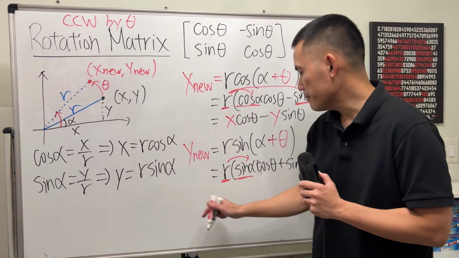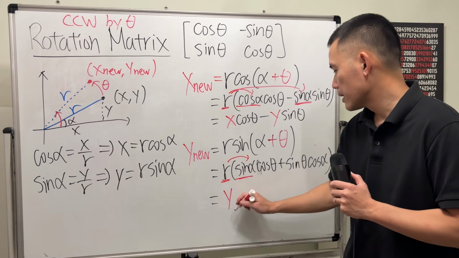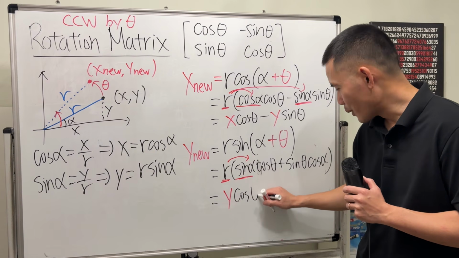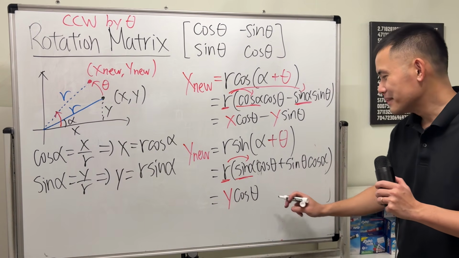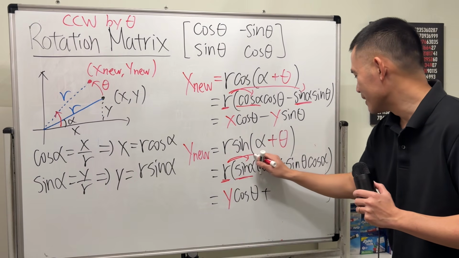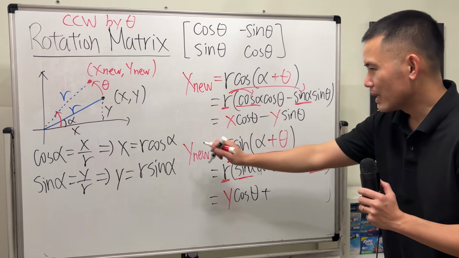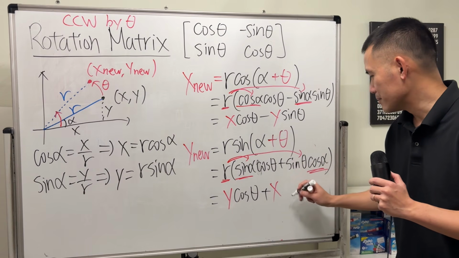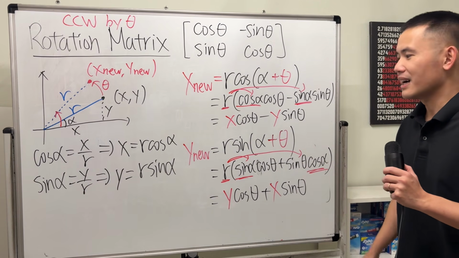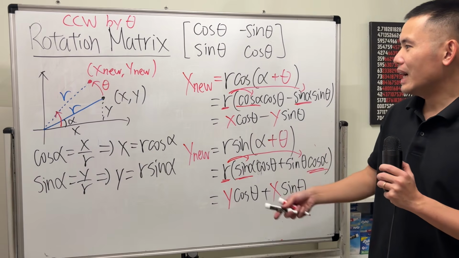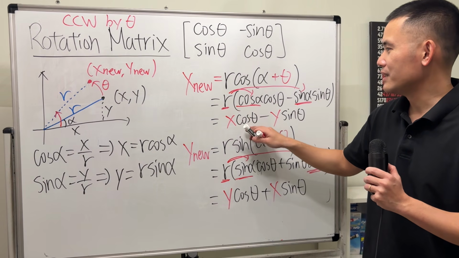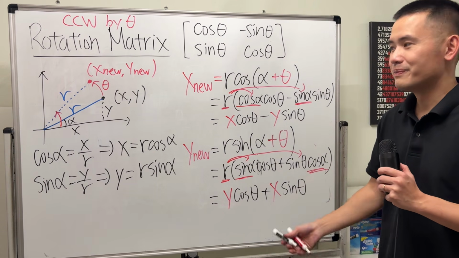That will give us the y times cosine theta plus r times this part pair up with the cosine alpha. Together that will give us x, and then times sine theta. So as you can see, we have our new components for the x new and also y new.